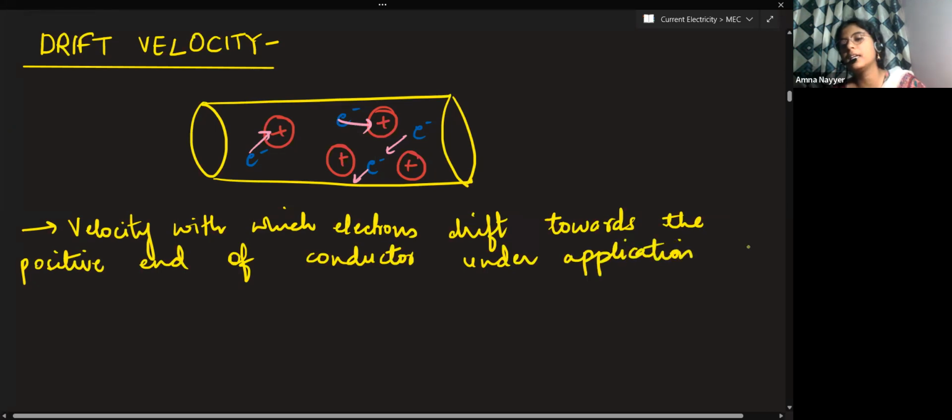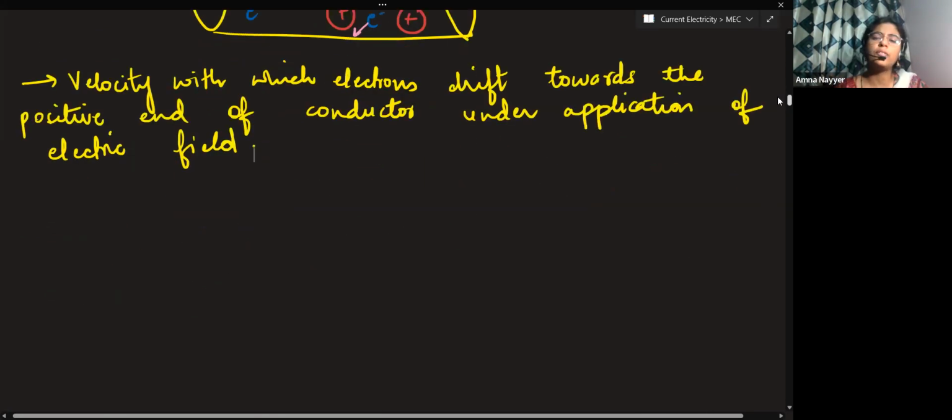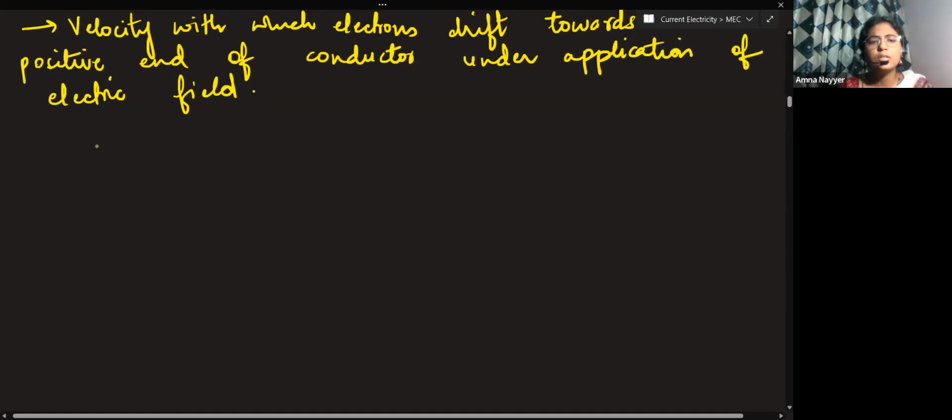Under application of an electric field. So let's say u1, u2, u3, up to un, n number of electrons, charges, are there. So the average thermal velocity will be what? The initial average velocity will be u1 plus u2 plus up to un, divided by n.